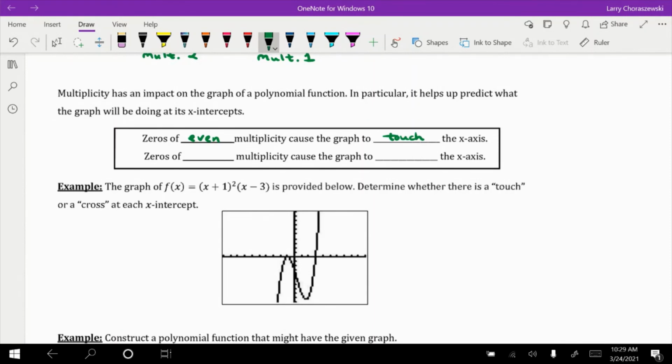And I have a graph of that function that we just worked with just to illustrate what a touch looks like. Zeros that have odd multiplicity will cause the graph to cross the x-axis. So with zeros of even multiplicity, it's almost as if the x-axis is like a little force field that the graph can't go through. But with zeros of odd multiplicity, the graph can go through that force field. In other words, it can go through the x-axis.